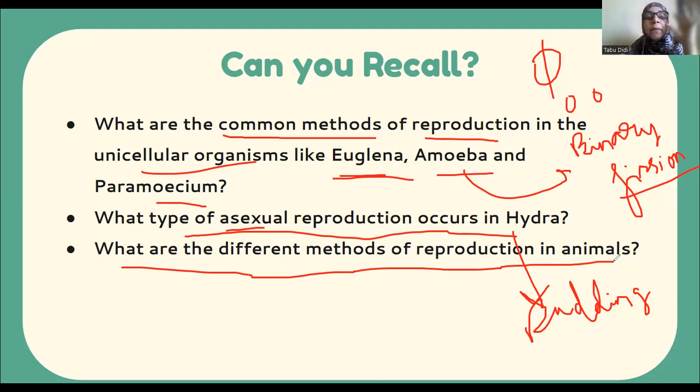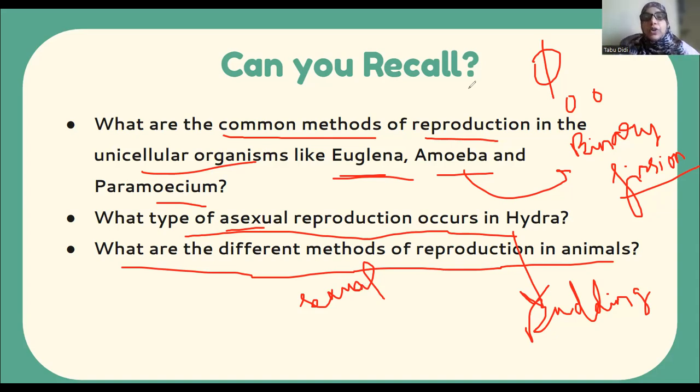And another major category of reproduction in animals is sexual reproduction. That is going to be our focus in this chapter. Only the initial introductory part, just 2 paragraphs, consists of asexual reproduction. So those 2 examples we will see, which are there in your textbook and your syllabus, and then the chapter mostly begins with the sexual reproduction in humans.